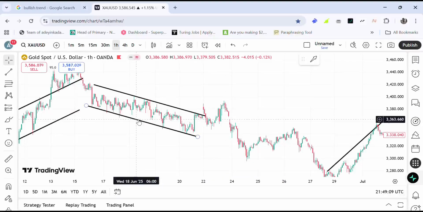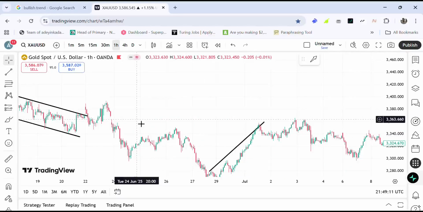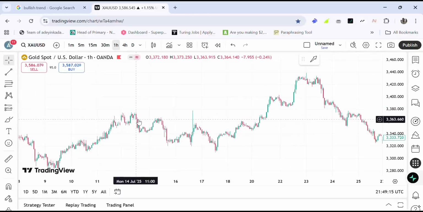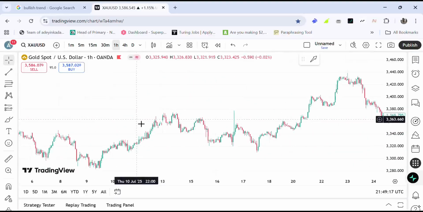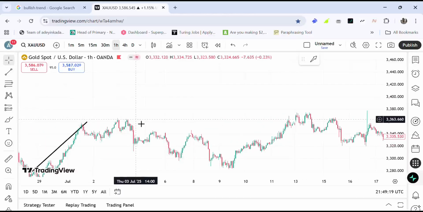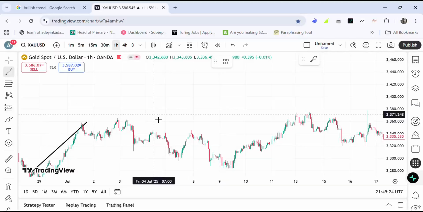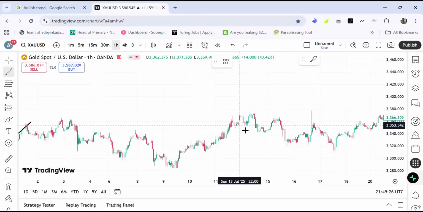So now we need to understand the trend. Like for example now, let us look for a clear trend. All right, so now let's just do something from here.